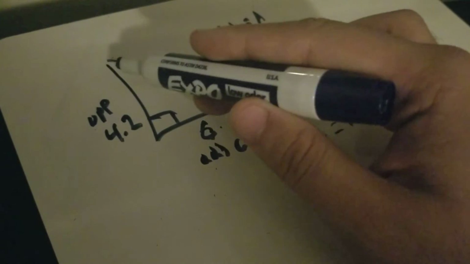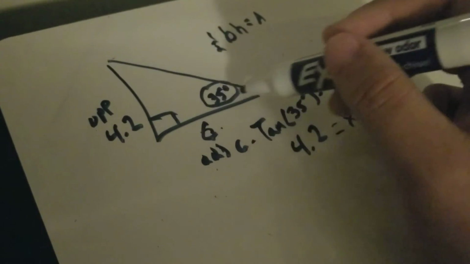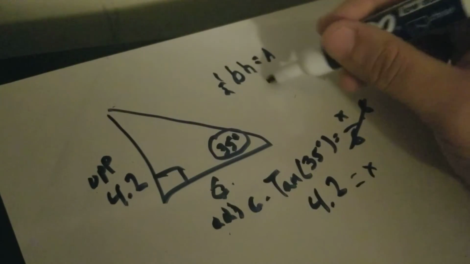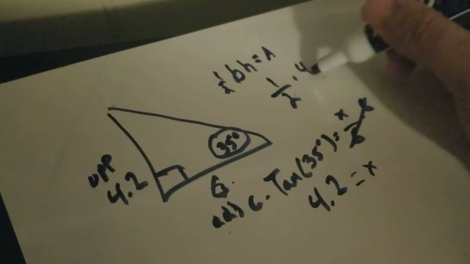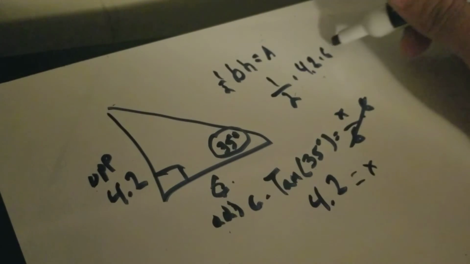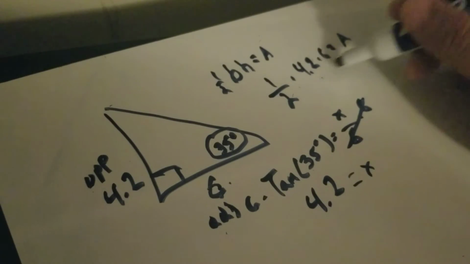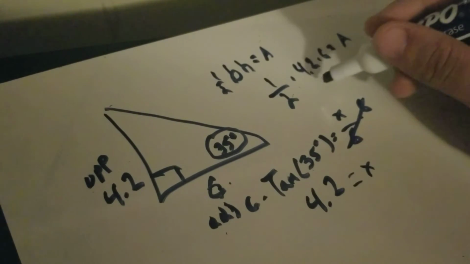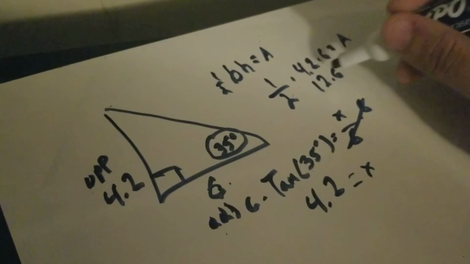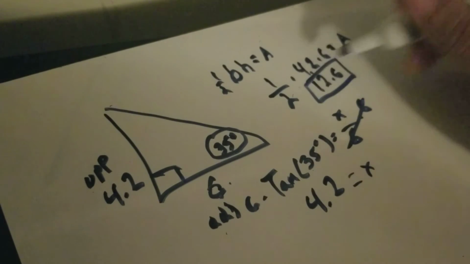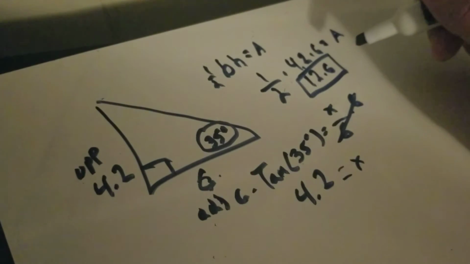I'll call this the height and this the base. So 1/2 times 4.2 times 6 equals my area. 1/2 of 6 is 3, and 3 times 4.2 is 12.6. So your area is 12.6.